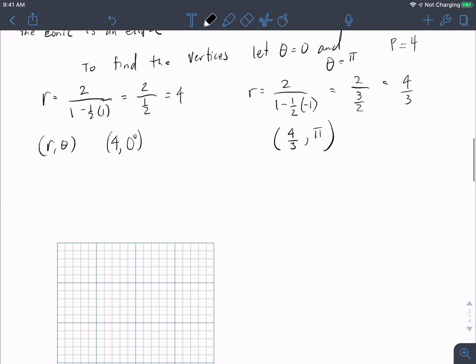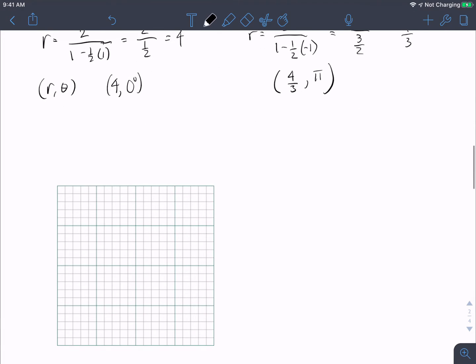And so we can actually plot those points. So 4, 0. So here's x, here's y. 4, 0 is right here. And then the interesting thing about 4/3 is the same, it's the radius, right? It's the same as 1 1/3, and it's pi angle.